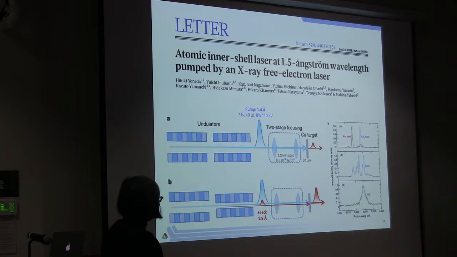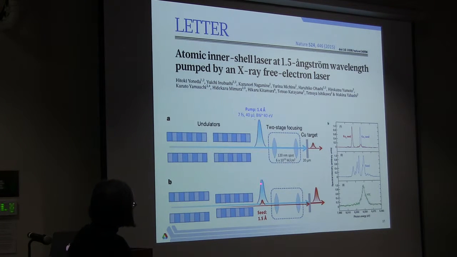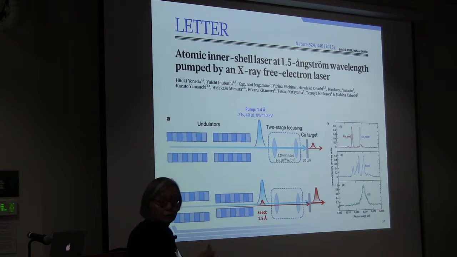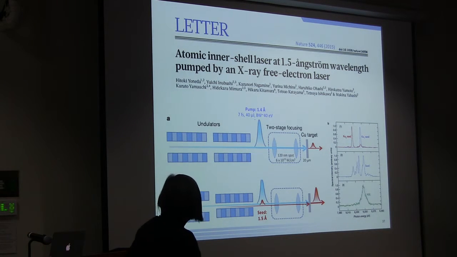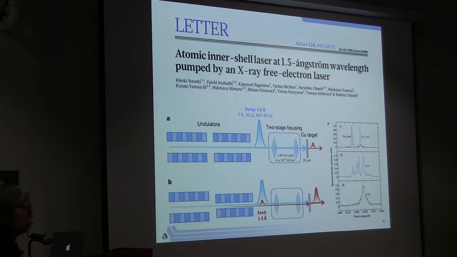Here, you're pumping above the edge so you can create those inner shell holes, but you can also create a seed pulse coming out from another part of the undulator regime. Then you can do the same thing on your copper target and actually get out a higher intensity than you did, so you have seeded radiation from this. You could choose whether you want a K alpha, K alpha 1, or K alpha 2 seed. And as you can see, the line width for the seeded pulses was significantly less than for the SASE. So that was kind of nice.